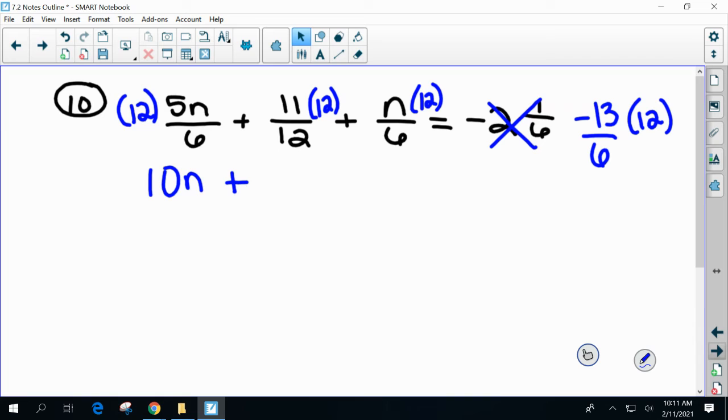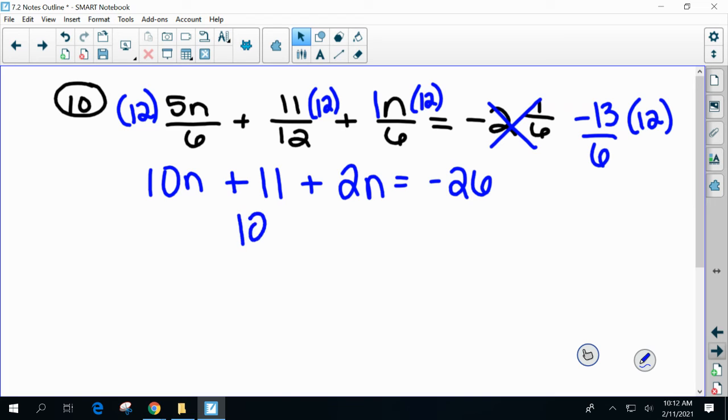plus, and then 11/12 times 12 would just be 11, plus, and this is like a 1n over 6, so 1/6 times 12 would be 2, so 2n, and then negative 13 over 6 times 12 is negative 26. Okay? And then we need to combine like terms. 12n plus 11.